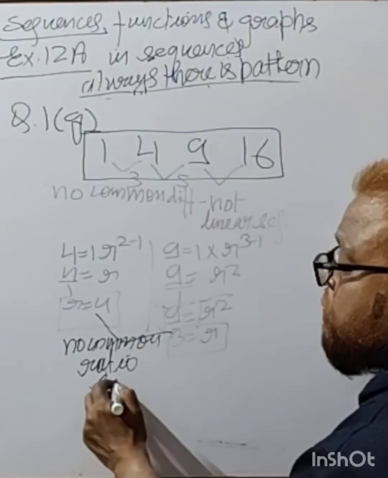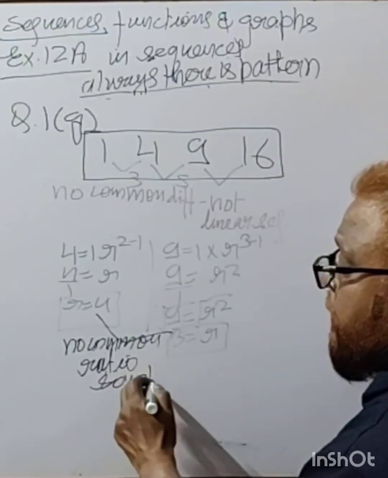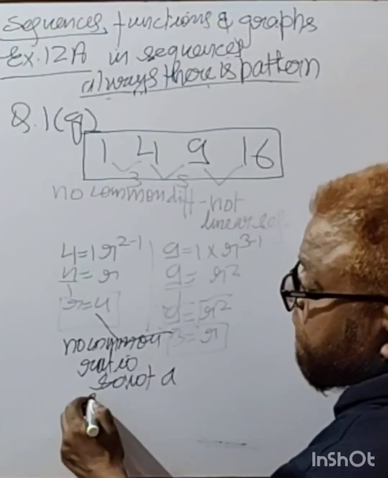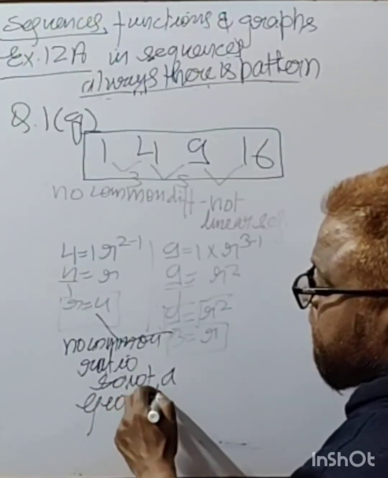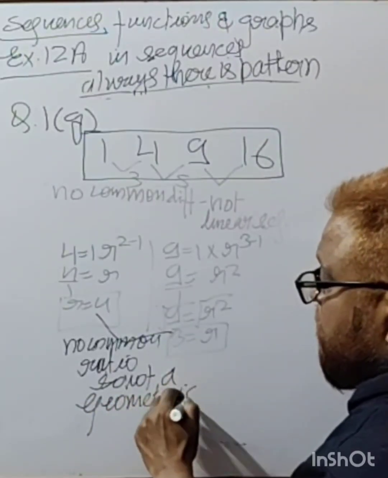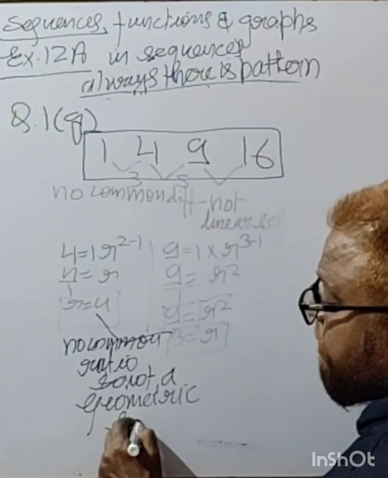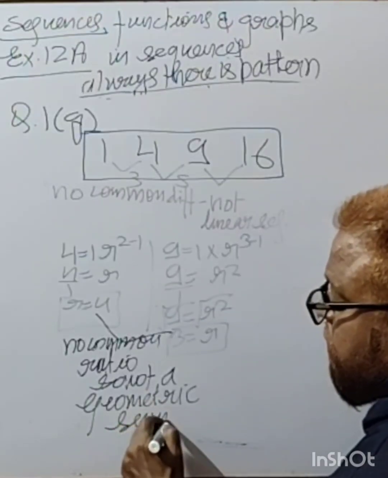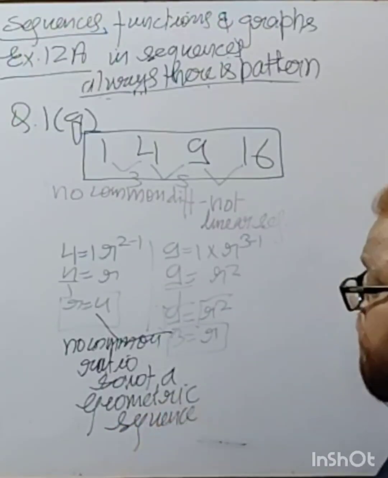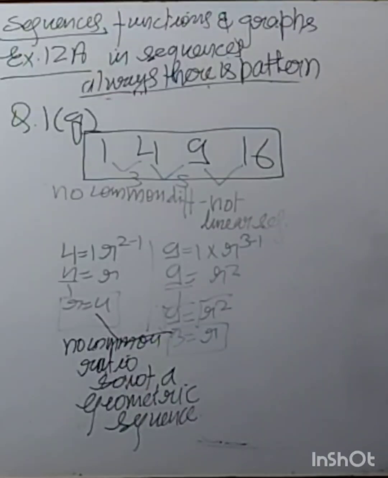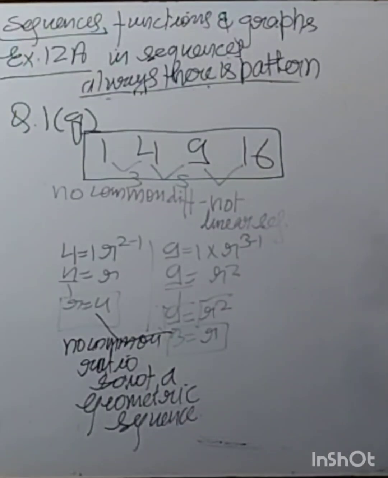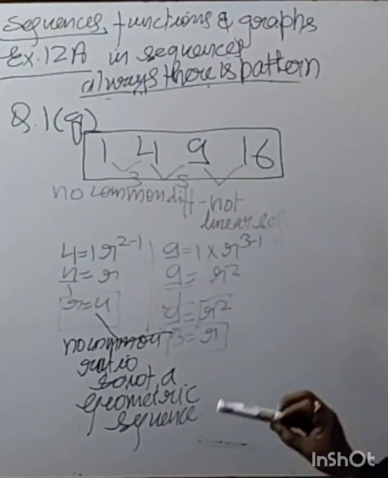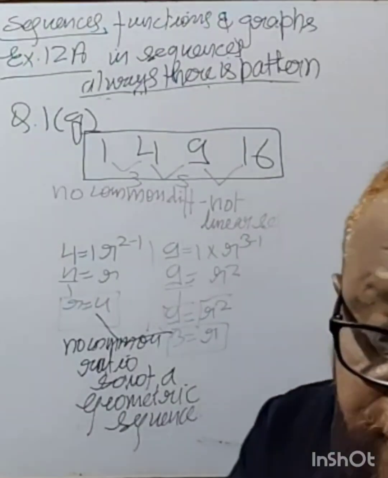So not a geometric sequence. No common ratio. So not a geometric sequence. Fine. So it is not a linear sequence. It is not a geometric sequence. So what kind of sequence is it?